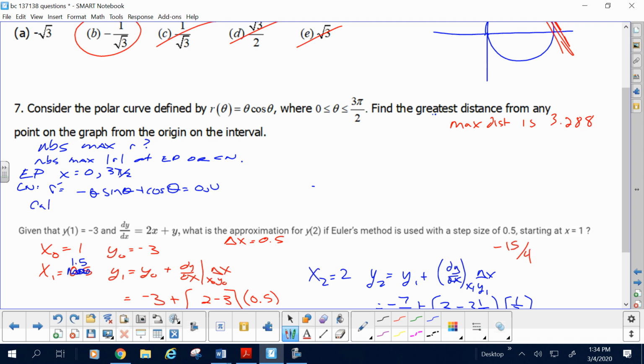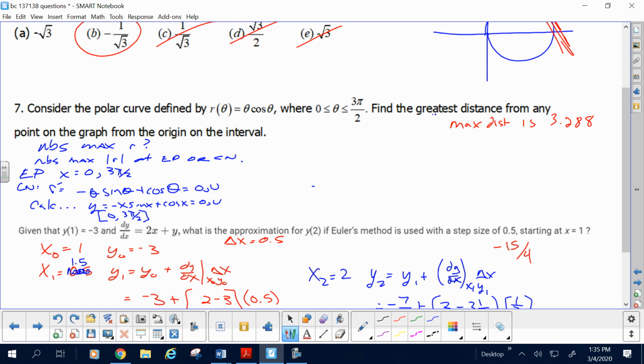Now in my calculator, you're not going to graph this in polar because all the functions of intersections and zeros are inactive in polar. So you're actually going to graph in rectangular y equals negative x sine of x plus cosine of x, and set my window to 0 to 3/2 so I don't look for some point that's not applicable.